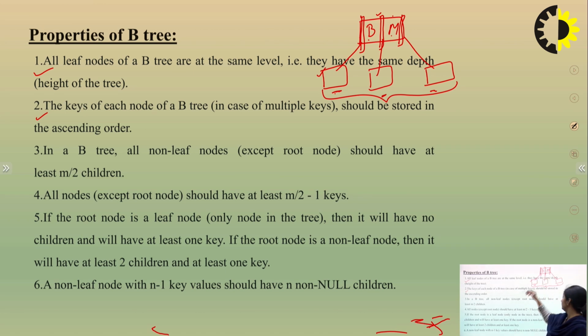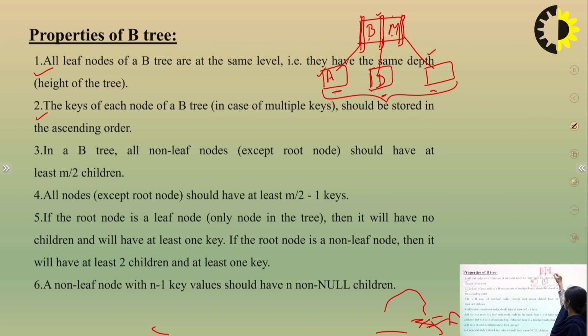So we can have only A in the left child. After this B, the value must be greater than B and less than M. So we can have values here greater than B and less than M. We can have D, E, F, G like this.